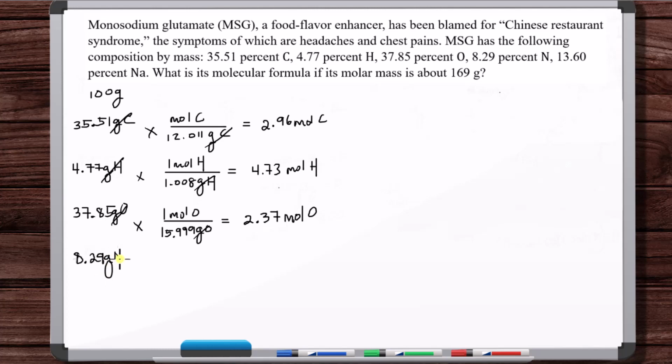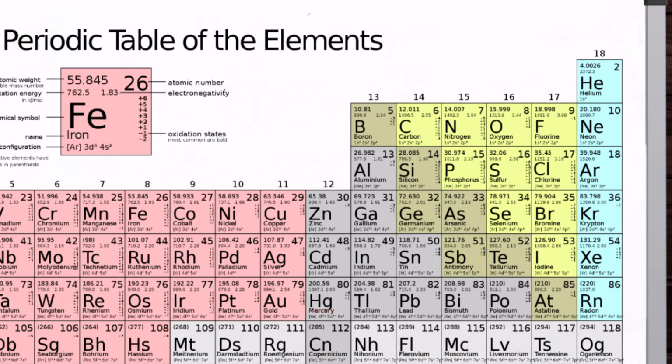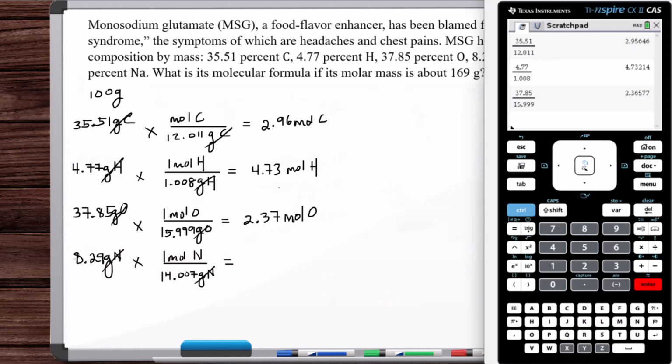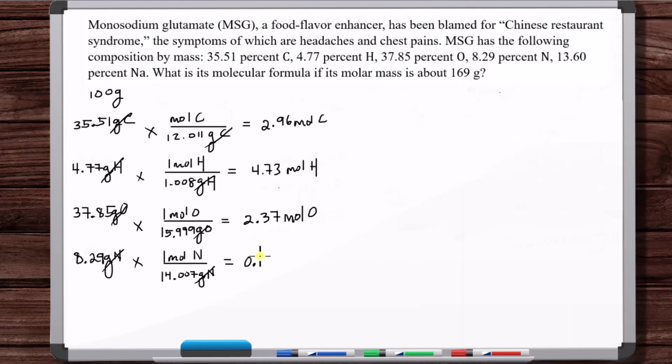Now 8.29 grams of nitrogen. The molar mass of nitrogen is 14.007, so 14.007 grams of nitrogen for every 1 mole of nitrogen. That gives 0.59 moles of nitrogen.